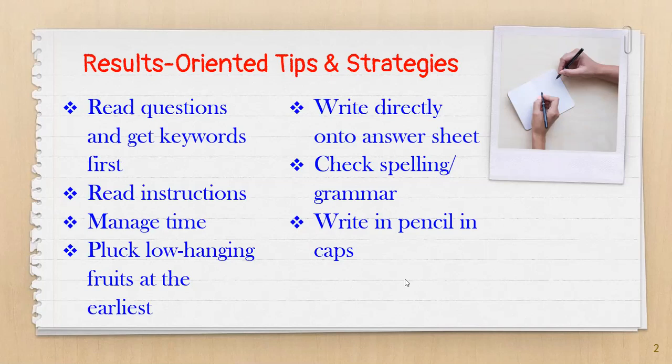Then again, you have to read instructions. For every set of questions that you find in a reading test, there will be an instruction regarding, for example, the number of words that you should write for an answer.